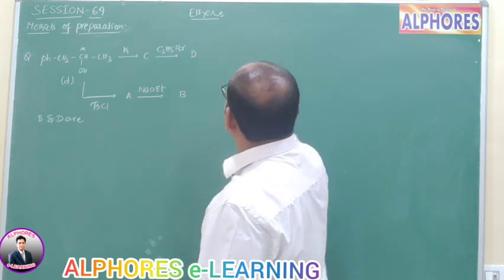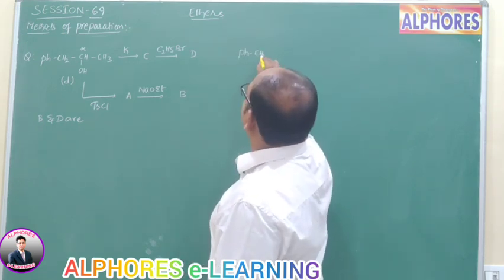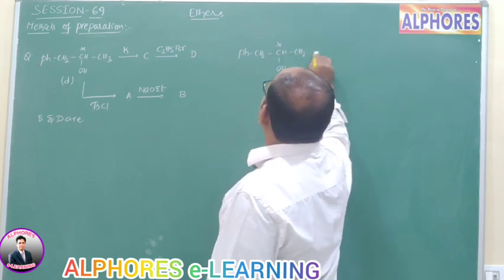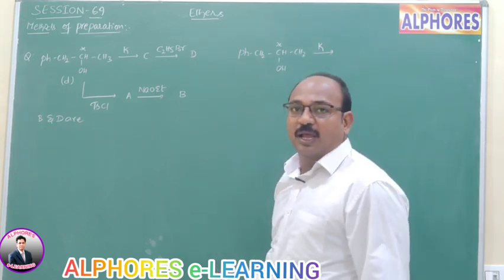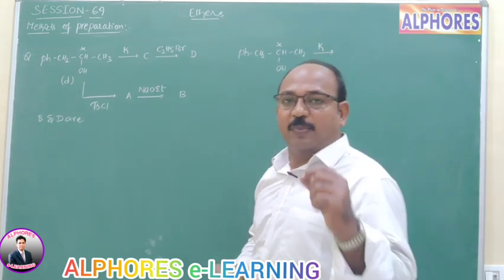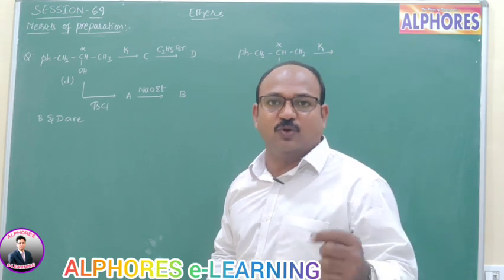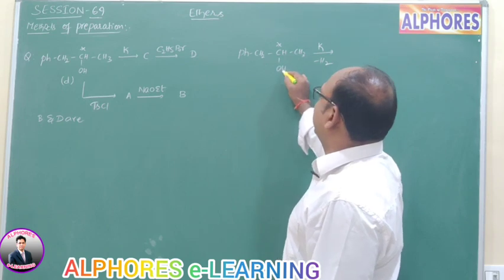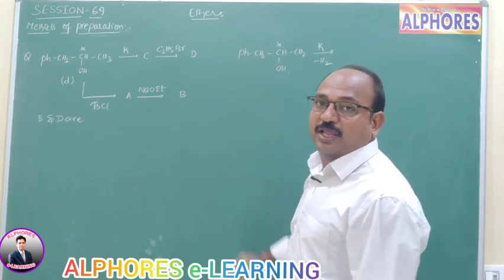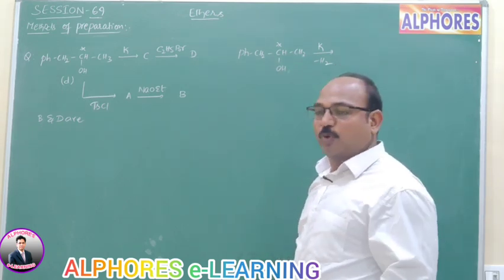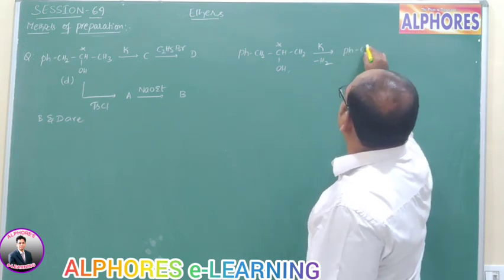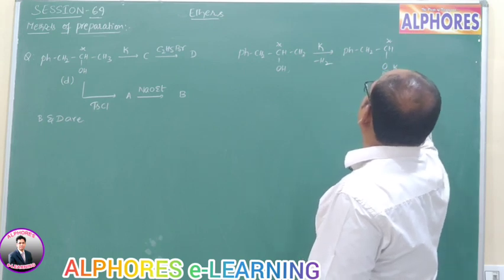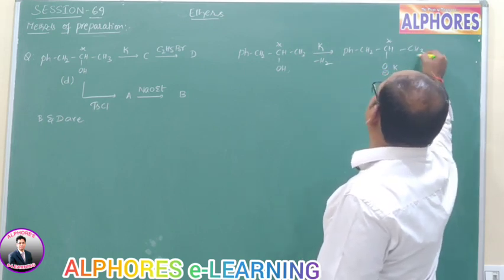Let us see. First, Ph-CH2-CHOH-CH3. This carbon is chiral. This one upon reaction with potassium metal. Alcohols upon reaction with active metals like sodium, potassium liberate hydrogen. This alcoholic hydrogen is displaced by potassium, giving Ph-CH2-CHO minus K plus-CH3.